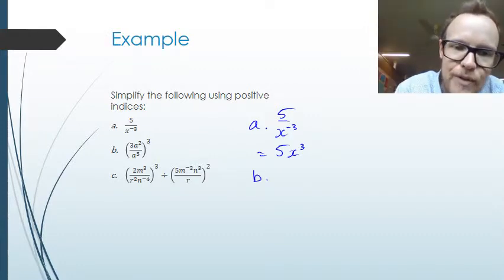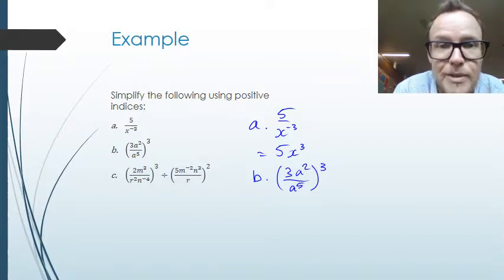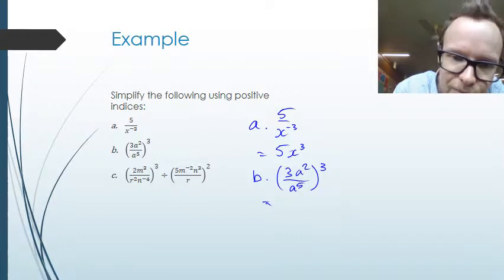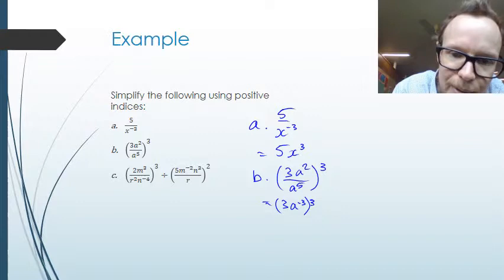B here, we've got 3a squared over a to the power of 5, all cubed. A couple of different ways of doing this. I'm going to simplify it in the brackets first using index law 2, and get in the brackets 3 times a to the negative 3, because 2 minus 5 is negative 3, all to the power of 3.